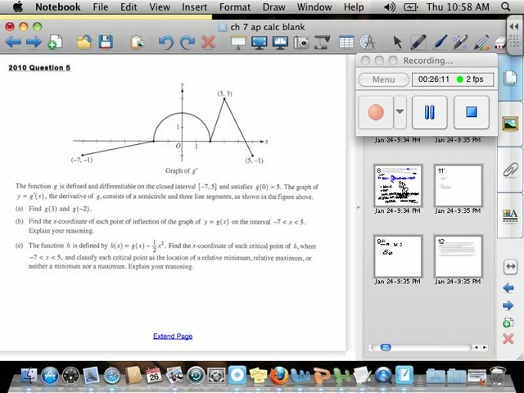Okay, so the function g is defined and differentiable on the closed interval -7 to 5 and satisfies g of 0 equals 5. So notice this is the graph of g prime. Okay, it consists of a semicircle and 3 line segments as shown in the figure above. Find g of 3 and g of -2.